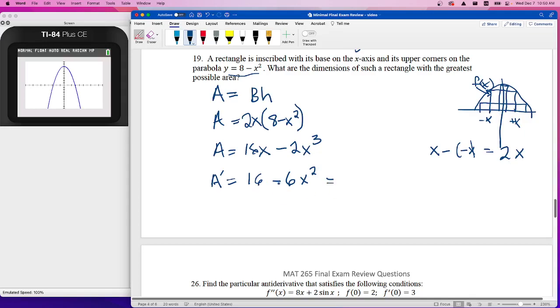We know in this case it's also a parabola, so it's going to give us a maximum. Let's see, we could factor out a 2. Take the 2 out, that's 8 minus 3x squared. I guess we could have done that up there.